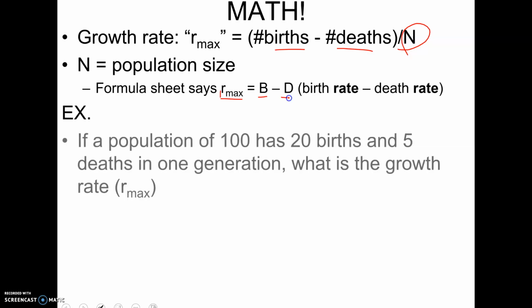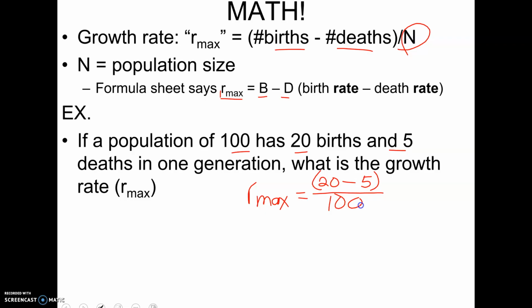So let me give you an example here. If a population of 100 has 20 births and 5 deaths, what is R max, the growth rate? To solve this, you're going to use the formula. R max is going to be equal to the number of births, which in this case was 20, minus the number of deaths, which is 5, over the population size.